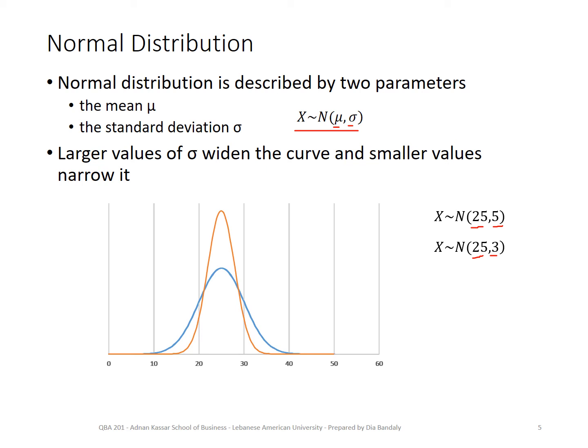Let's see more of the effects of standard deviation, when the standard deviation is 8. So tell me, what do you think? What do you expect the third curve to look like? Of course, we will have a much wider curve, so it looks like that, because the variability is much higher.